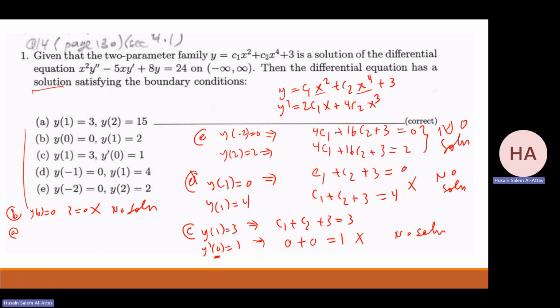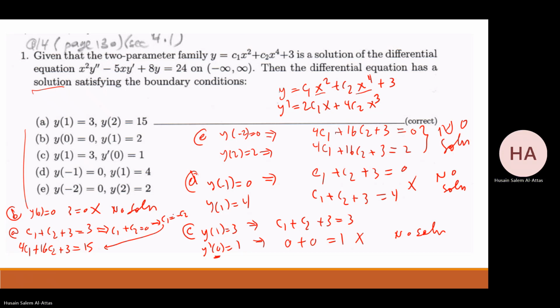y at 1 equals 3. I have C1 plus C2 plus 3 equals 3. And then y at 2 equals 15. I did it for y at 2: 4C1 plus 16C2 plus 3 equals 15. From the first, I get C1 plus C2 equals 0, so C1 equals minus C2.